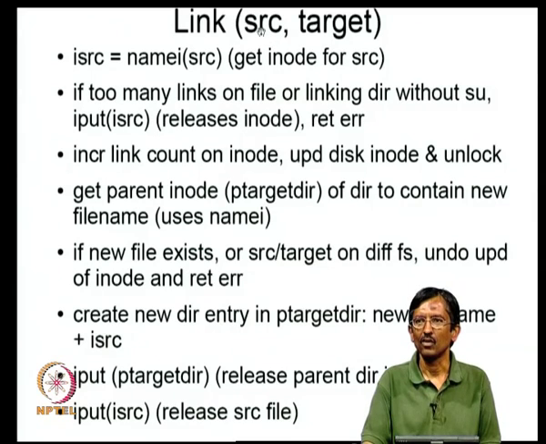This is the source inode, and this can be the target file name or target directory. If it is a target directory, then you want to create the same name as the source file name, with the same inode as the source one. That means there is a single object, a single file with two references.